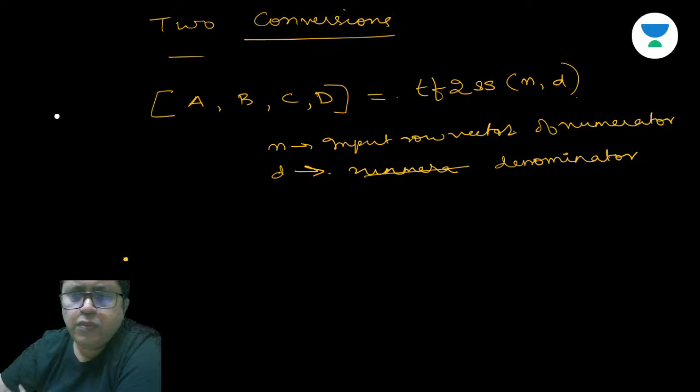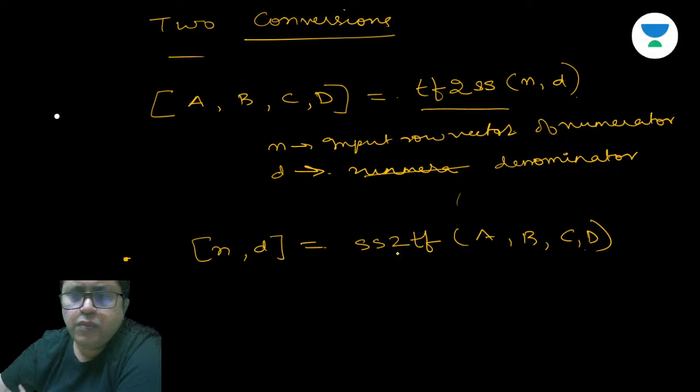Let us see the second command. N, D is equal to ss2tf(A, B, C, D). This was transfer function to state space; this is state space to transfer function.